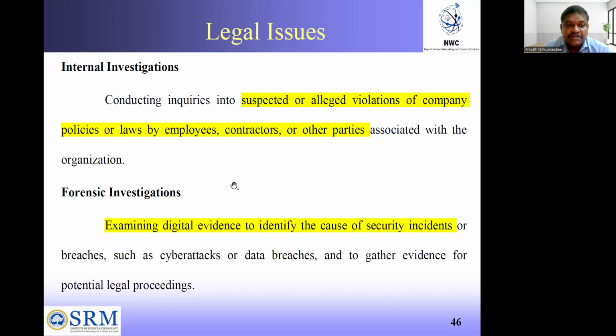As an example, if an employee is suspected of stealing confidential data from the company, an internal investigation is launched. If evidence of wrongdoing is found, a forensic investigation may follow up to collect and analyze the digital evidence for use in court.